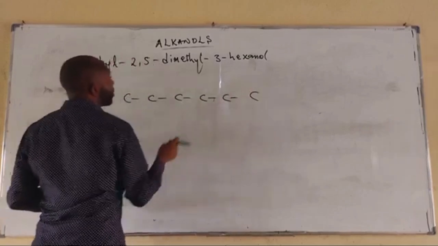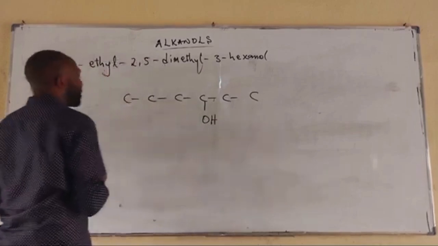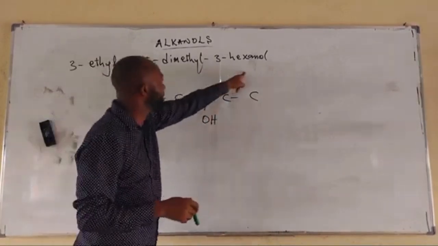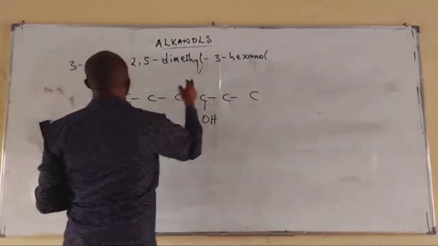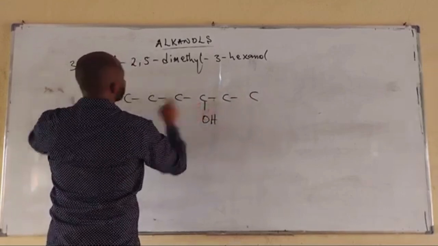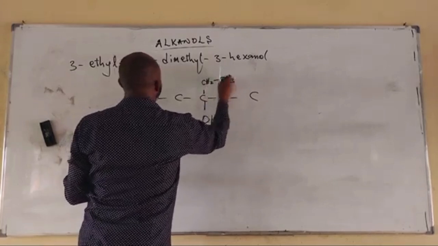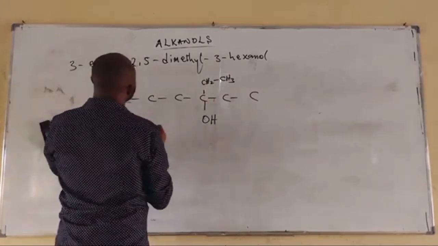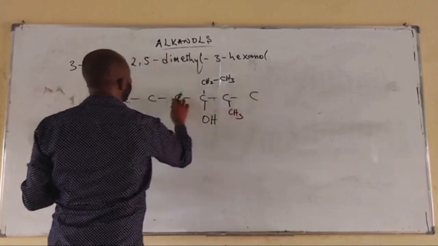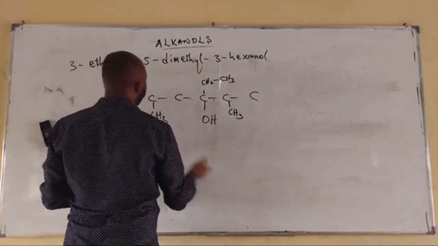It's a 3-hexanol. Means our OH is in carbon 3. Let's begin. 1, 2, 3, 4, 5, 6. 1, 2, 3. That's where our OH is. So now we start. 3-ethyl. 1, 2, 3. This is ethyl. It's in carbon 3. We have CH2, CH3. 2,5-dimethyl CH3. 1, 2, 3, 4, 5. CH3. Okay, from there, this is it.